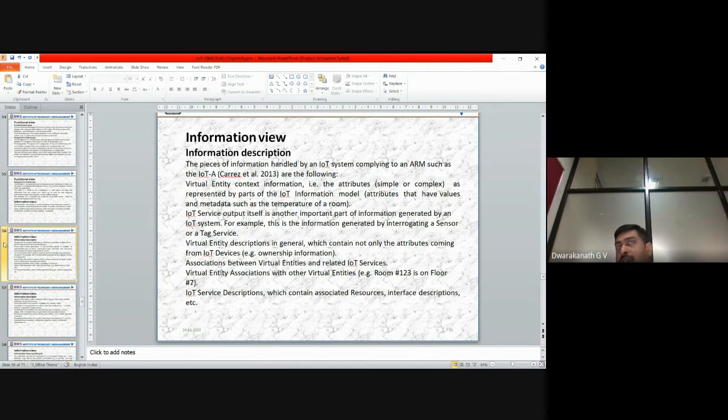Assume this is the scenario of a project. Now, what I did: whenever it comes to smell, automatically in our mind the MQ sensor comes into the picture.